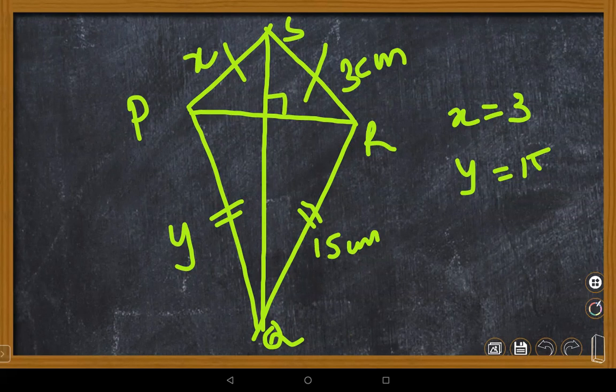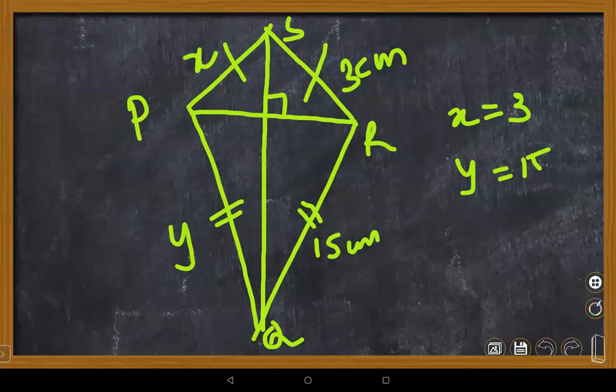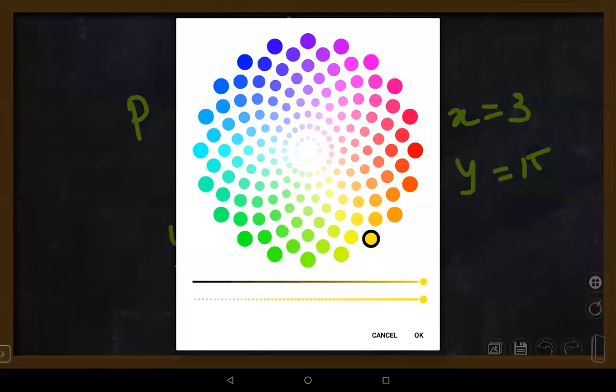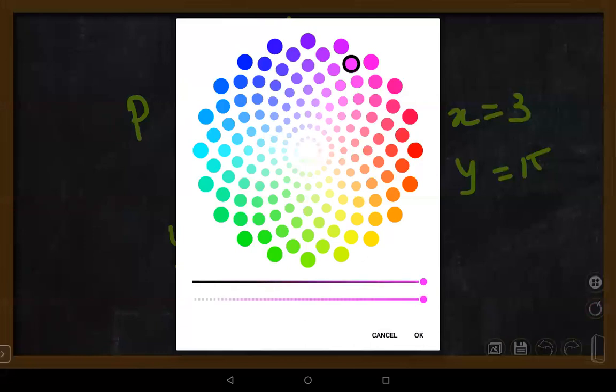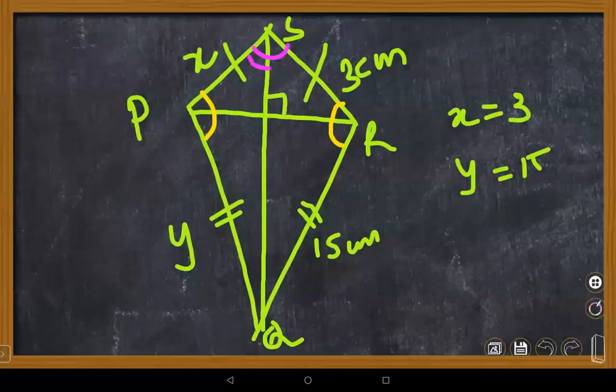Ma'am, the opposite angles are equal. Very good. P is equal to R and S is equal to Q, ma'am. Very important point. We didn't write this point on the screen. Ma'am, opposite angles are equal. Very good. Ma'am, only one pair of opposite angles.